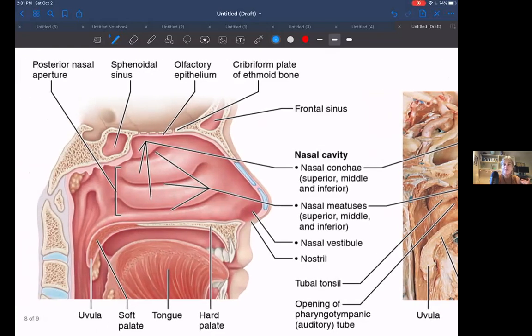So part of the nasal cavity also has a different type of membrane, and this is what we call the olfactory epithelium. So here we have my olfactory epithelium. We'll talk more about this when we talk about the sensory system, because we have these olfactory neurons that dangle their little appendages, their cytoplasmic extensions, into our nasal cavity.